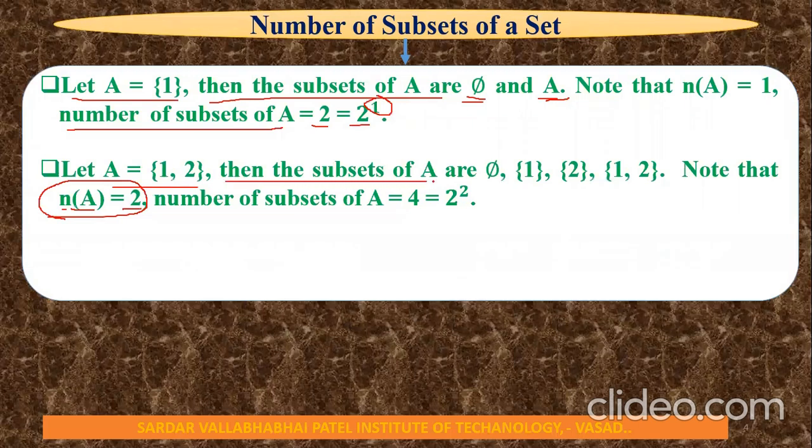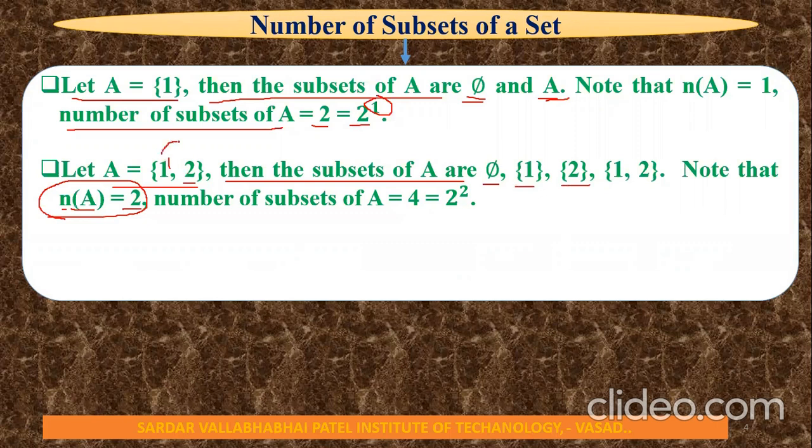Then the possible subsets of A: always first we write phi. Then we consider the singletons. So we consider the singleton 1, then the possible singleton 2, and then {1, 2}, only two possible singletons.